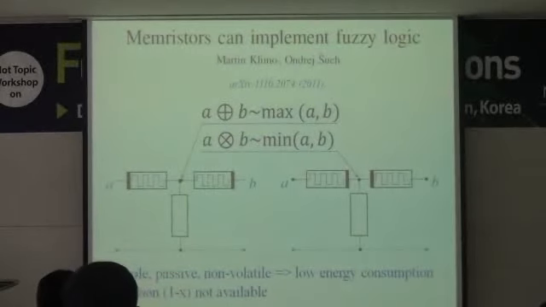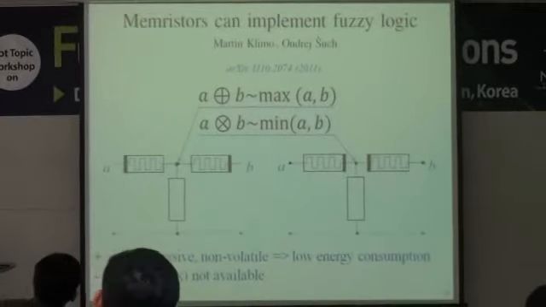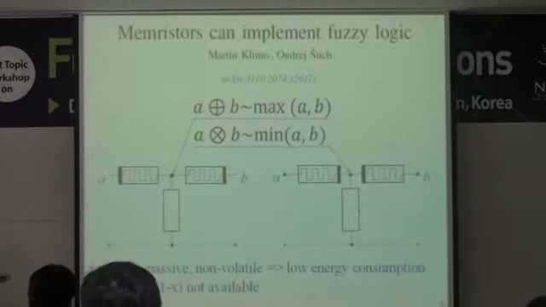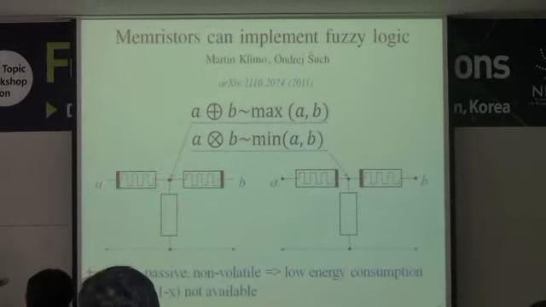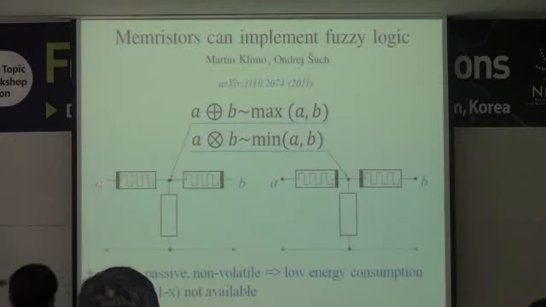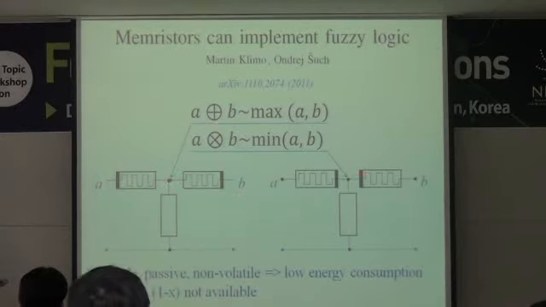our approach is that if we build such a circuit, small circuit, and we put 2 values A and B, then in the middle we can obtain the maximum of these 2 values, or in another circuit we can obtain the minimum of these 2 values.